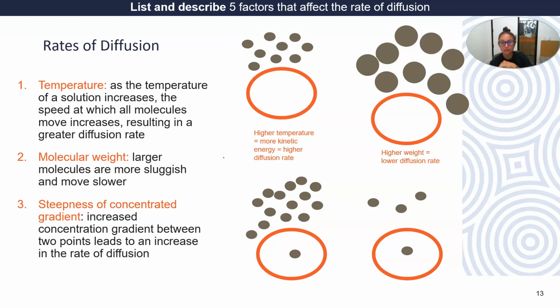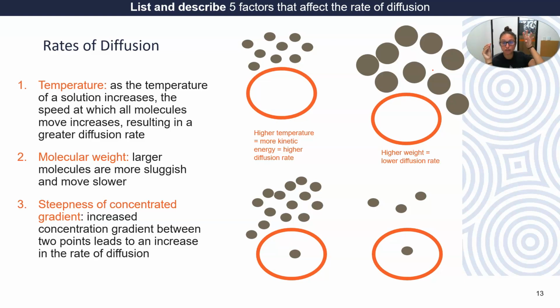If a molecule is really big and heavy, it's going to take more energy for it to move from one spot to the other spot. So that means it's going to lower the diffusion rate.